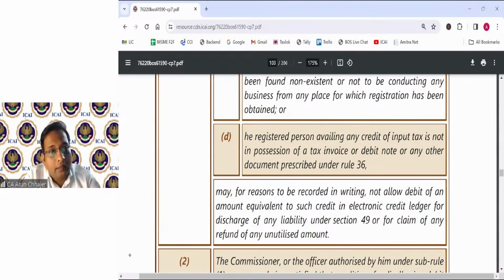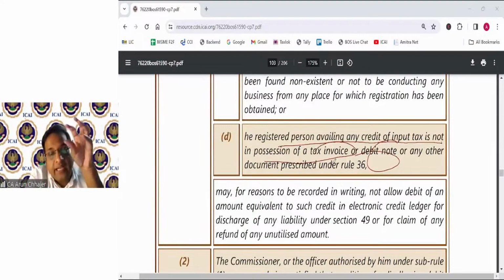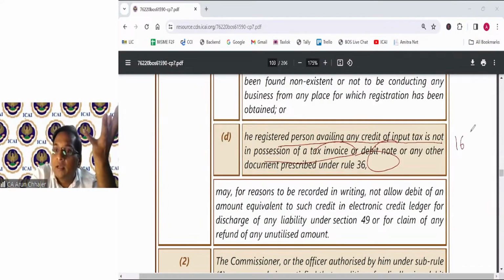Then E: the registered person availing the input tax credit is not in possession of the tax invoice or the debit note or any other document prescribed under rule 36. So he is taking the ITC, but he does not have any document. Basically this is condition 16(2)(a). He should be in possession of the tax invoice.